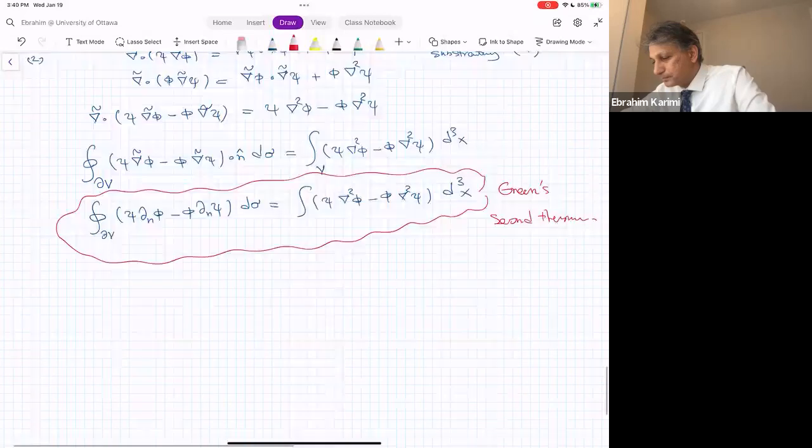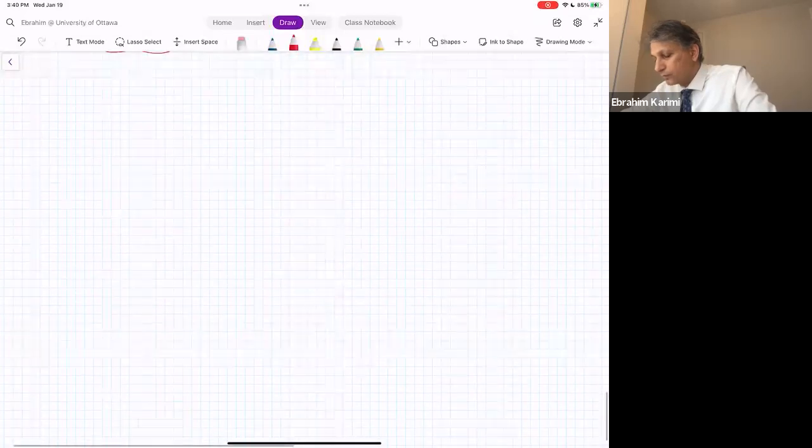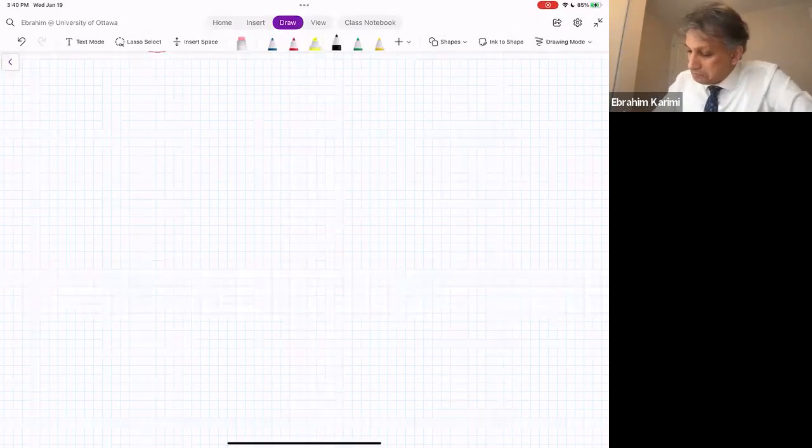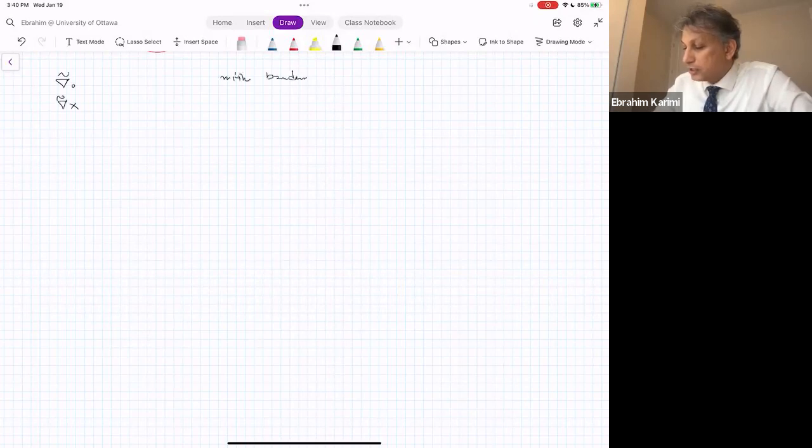So in electromagnetism, we always deal with divergence and curl, with boundary conditions.